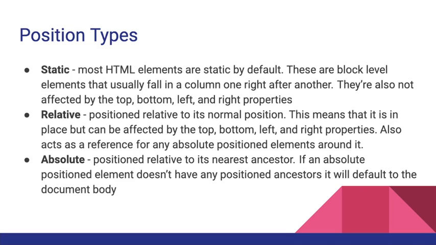Think of it like a train on a track. A static element is the train on the track, but if you put relative, you're taking the train off of the track. So it can be moved anywhere, although it is in its position. I hope that makes sense.